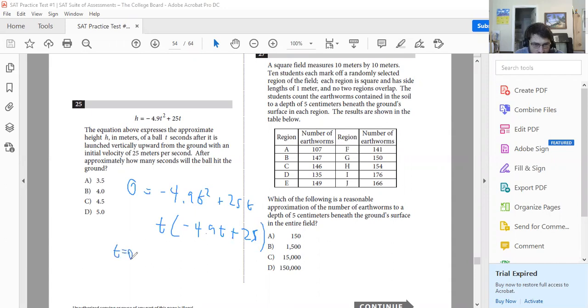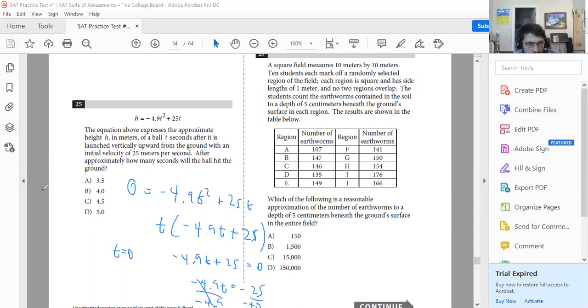We have t equals 0, which we're not really interested in because at the initial, when you launch it, it's at 0. And then we also have negative 4.9t plus 25 equals 0. Negative 4.9t equals negative 25. Divide by negative 4.9, divided by negative 4.9.